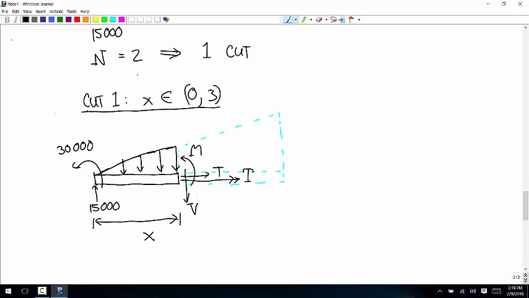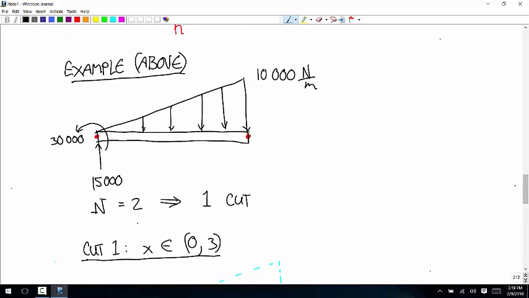And the way we're going to do that is, notice that for any x value, the height of this distributed load is going to follow the function y equals 10,000 divided by 3, that's the slope, times x. That's the equation for that line.